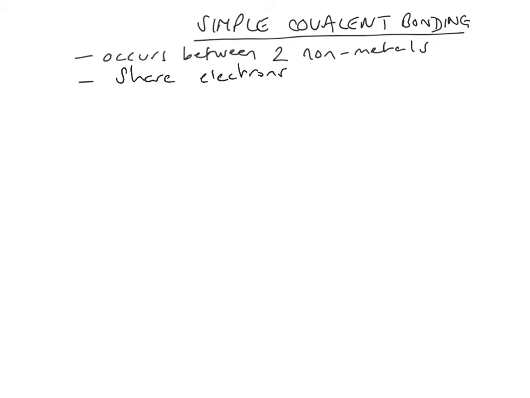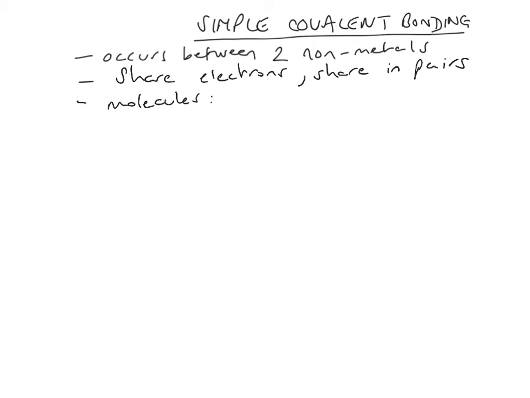And they always share electrons in pairs. If one gives one electron into the shared area, another atom will give an electron into a shared area. So when these atoms share their electrons, they form molecules.